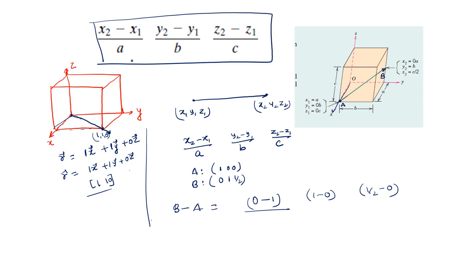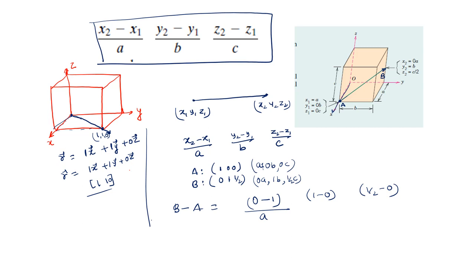So in the x direction we have assumed a. The coordinate I have written here as 1 0 0 is exactly equal to a times 1, then 0 times b, then 0 times c. So the B coordinate will be 0 times a, then 1 times b, then half times c.